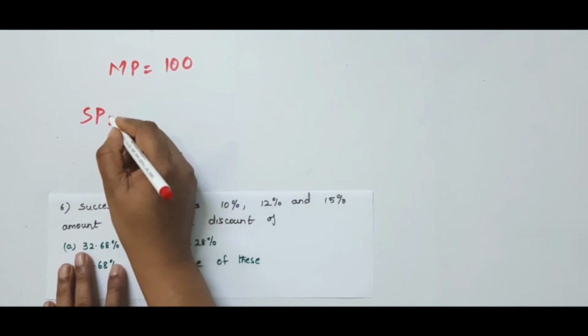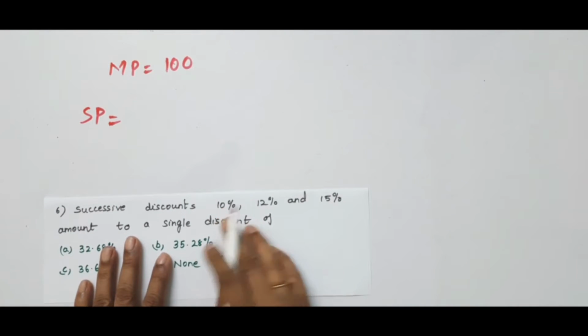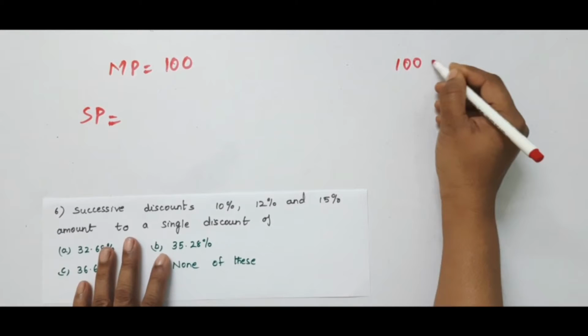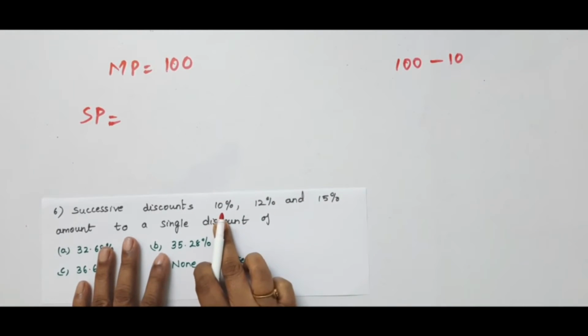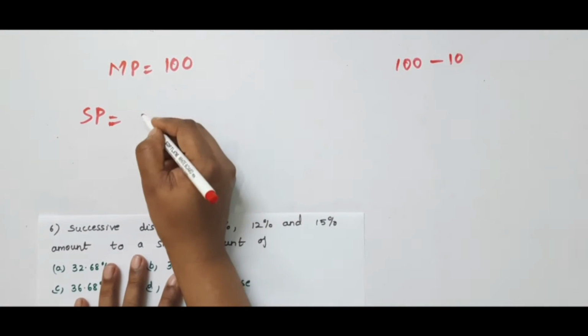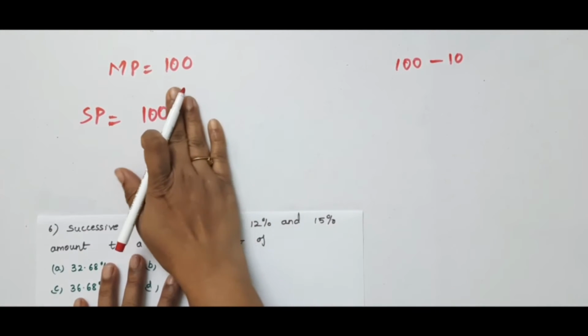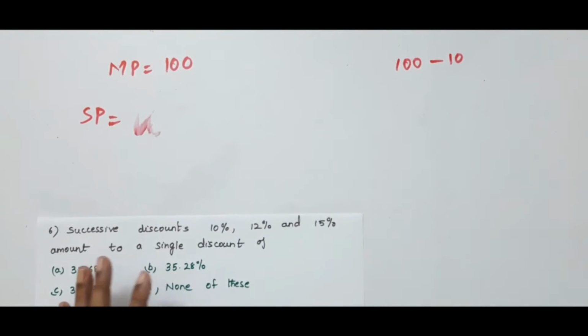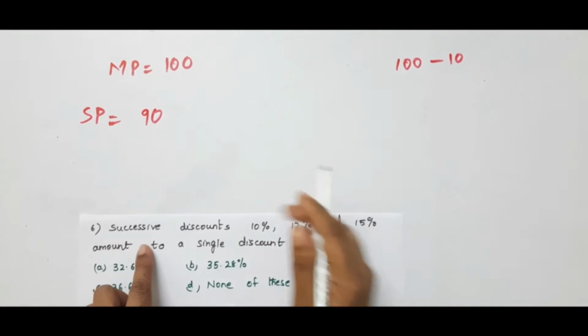And find the selling price. The selling price is nothing but we have to subtract the percentage from 100. 100 minus 10. To find the selling price, you have to subtract that percentage from 100, as we have done in the first problem. 100 minus 10 is 90, so 90 percentage.